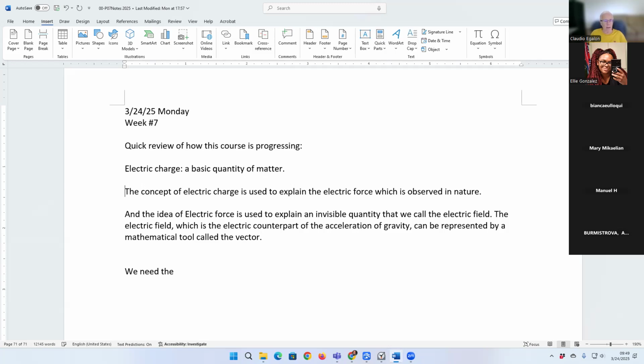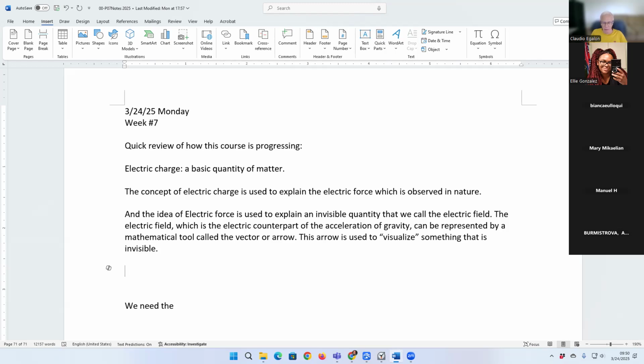An arrow, a vector or arrow. Okay, this arrow is used to visualize something that is invisible. And it's a very useful way of seeing what is invisible.